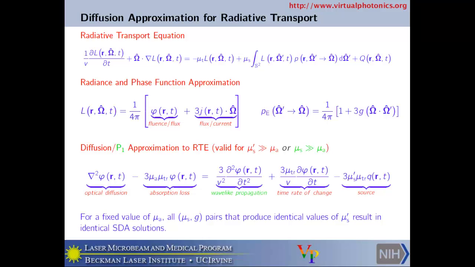Well, we're going to show results in a little bit that compare the solutions of these equations to Monte Carlo simulations. And that is one way of comparing how good a job these analytic approximations do, and in what cases they may break down. So that's the real power of Monte Carlo, because it provides us a gold standard for the solution of the radiative transport equation.